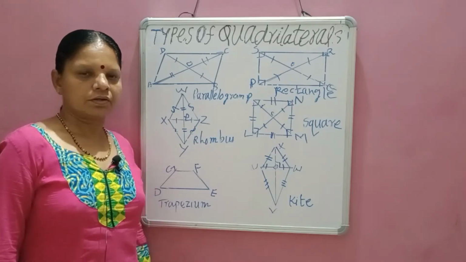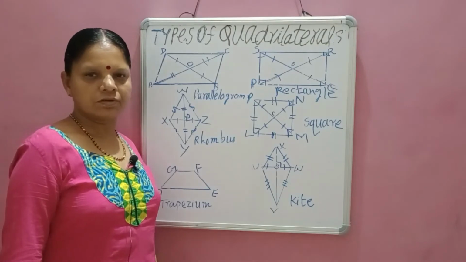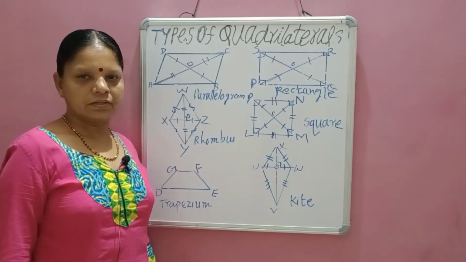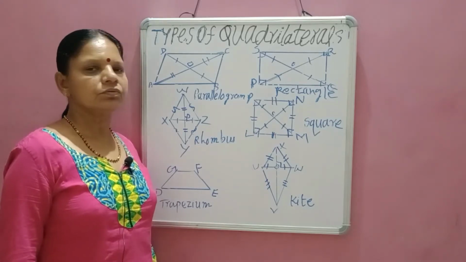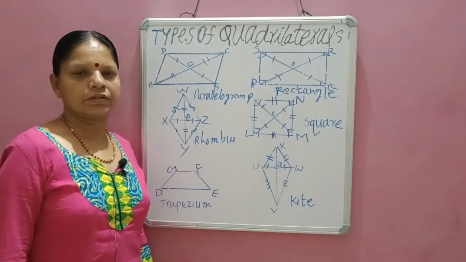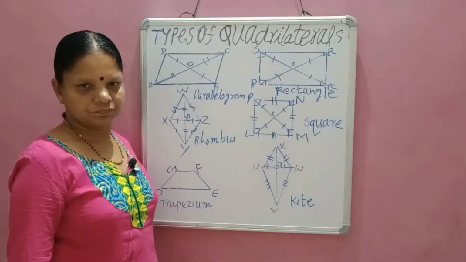You know the quadrilateral is a four-sided closed geometrical figure. Also, what are its diagonals? So, we will come to know the different types of quadrilaterals. That is four-sided closed figure.